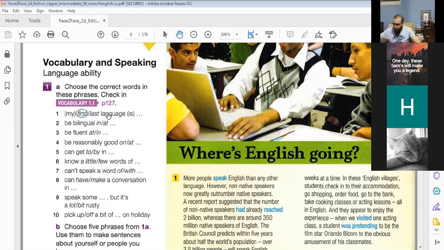So my first language is Arabic, of course, and I can have a conversation in English. I pick up a bit of Spanish on holiday. I know a few words of Italian.